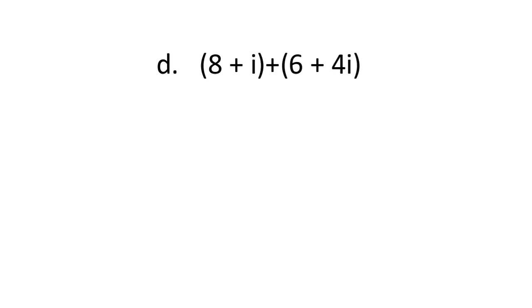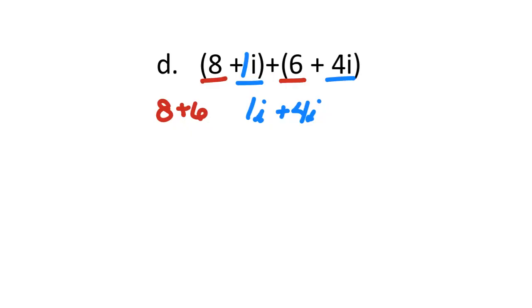All right, so if you put your like terms together, put the 8 and the 6 together, 8 plus 6. You put this, how many i's is that? 1. That is a 1 i, which you don't have to write the i, but you can. 1 i plus 4 i.